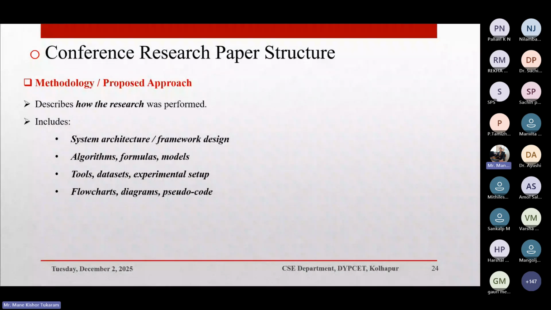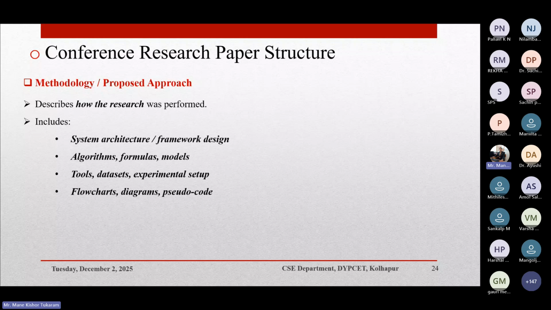Then next is the most important section, which is called the methodology or proposed approach section. In the methodology or proposed approach section, we need to describe how the research will be carried out. Inside the methodology, we can write the description of the system architecture or whatever framework we have designed.